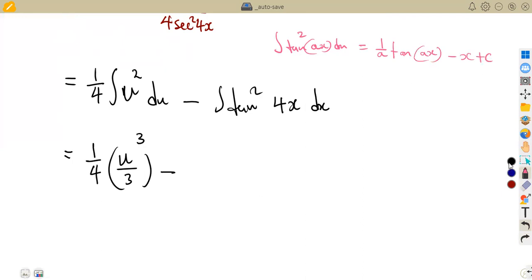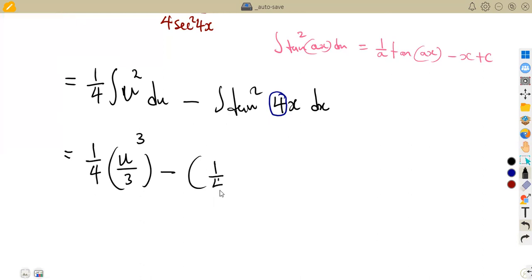This is what we get. So this is our a. Our a in this case is this number here, which is 4. So we are going to get 1 over a, which is 1 over 4, from this 1 over a tan.